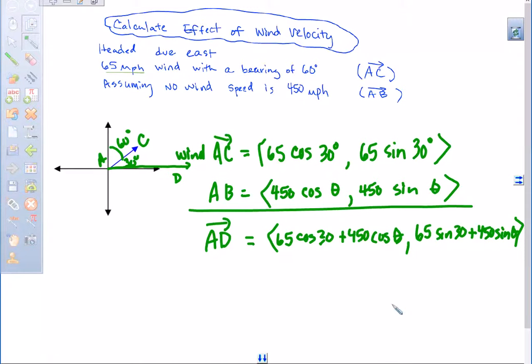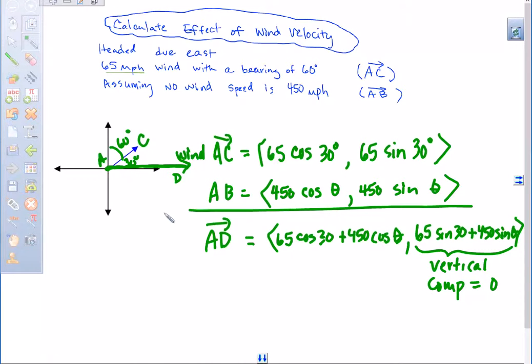Okay, now we know we are headed due east. So because of that, we know that the vertical component of AD has to be 0. All of this vertical component equals 0 because I'm headed due east.